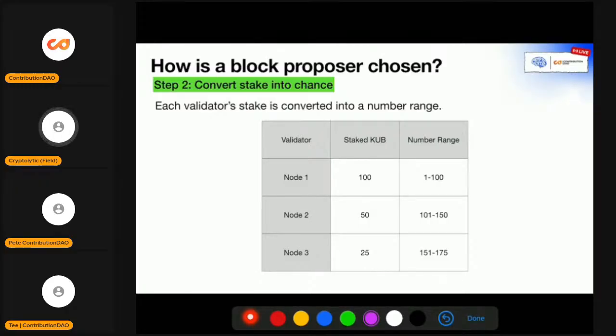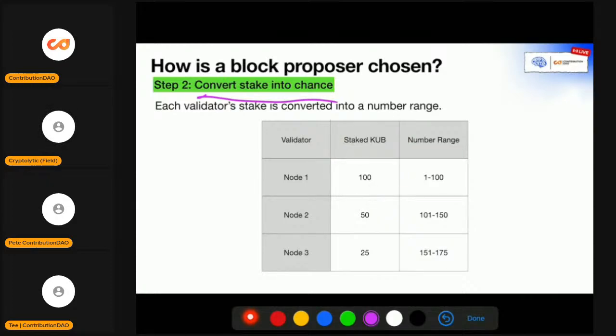Now we are going to look at how it assigns the processor. As I just explained before, the more you stake, the more power you have, which means you should have a higher chance to propose a block. So in KUB Chain, the more you stake, the higher the chance you are going to be the proposer.